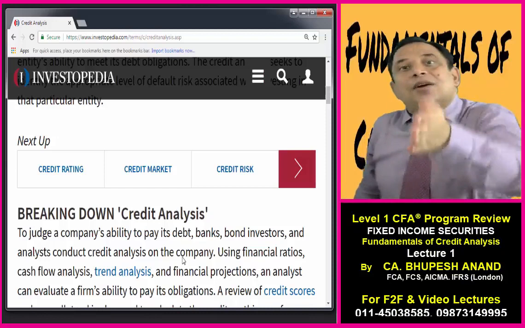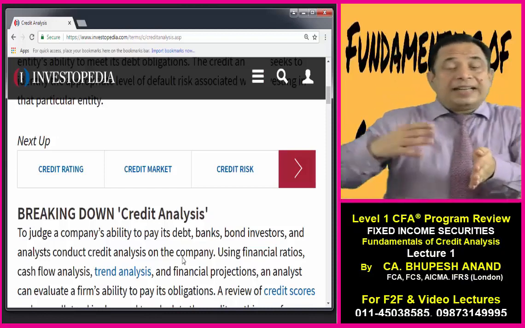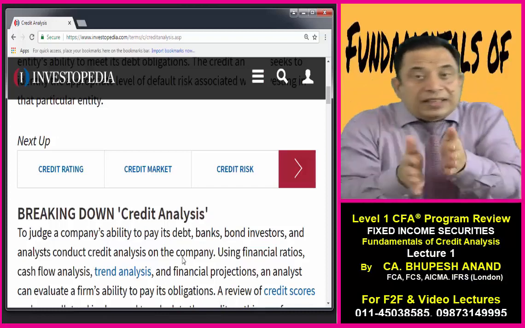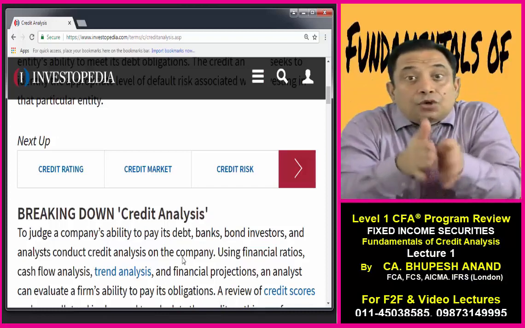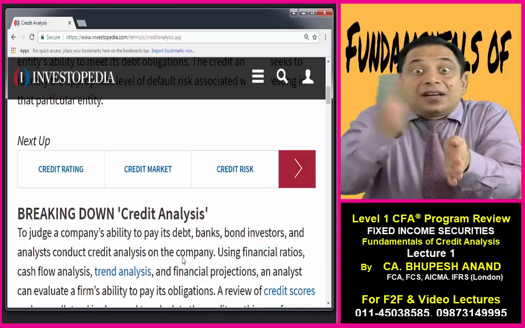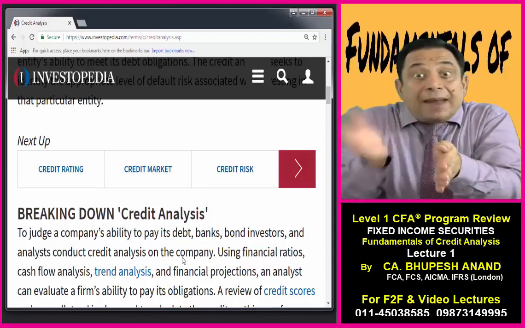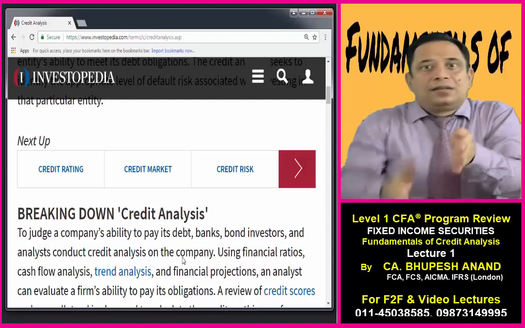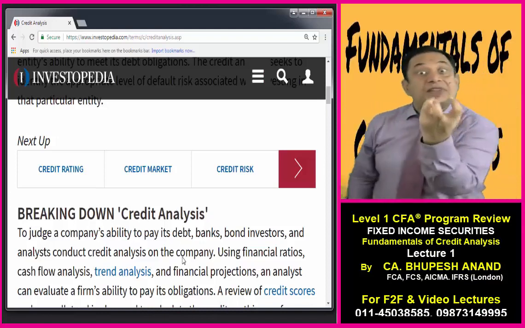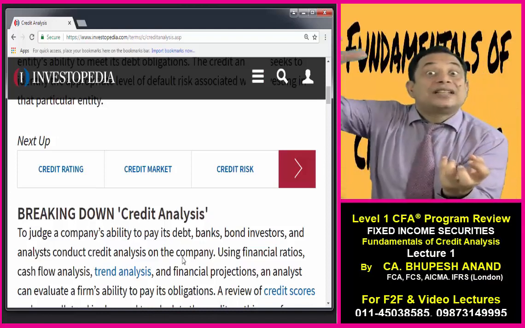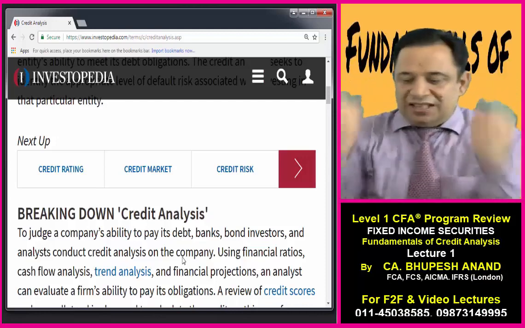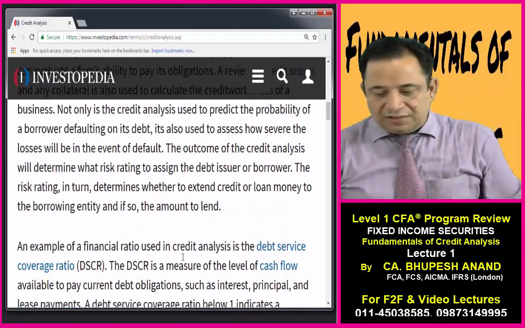Similarly, in the case of MTech Auto, which we have discussed many times as a case study in alternative investments in equity also, whether the bonds issued by MTech Auto will be repaid, or whether there will be a default. So we have to find out the default risk, and when there is a default, we have to calculate the loss severity: given default, how much will be the loss. These are the concepts we will be discussing.